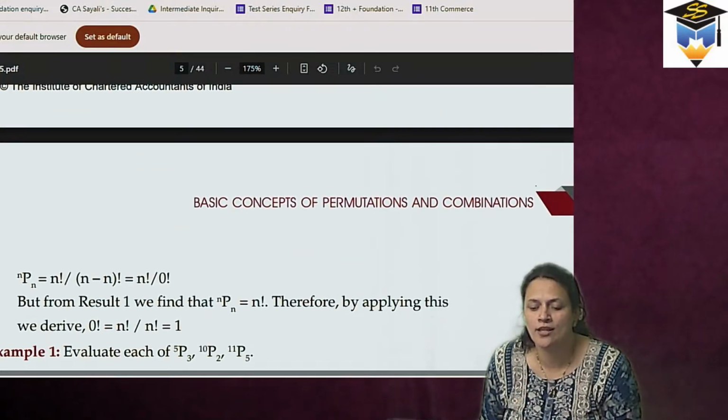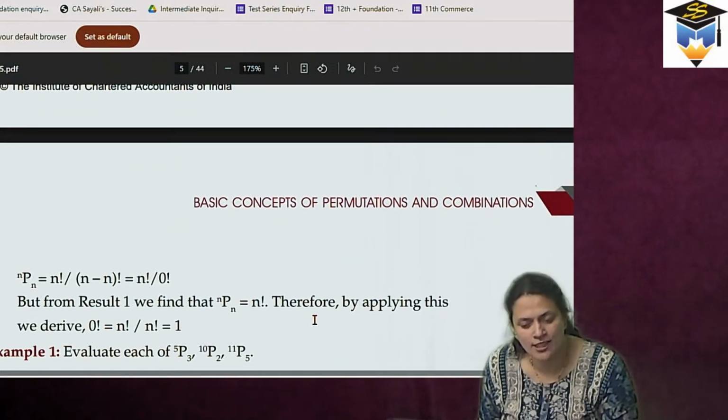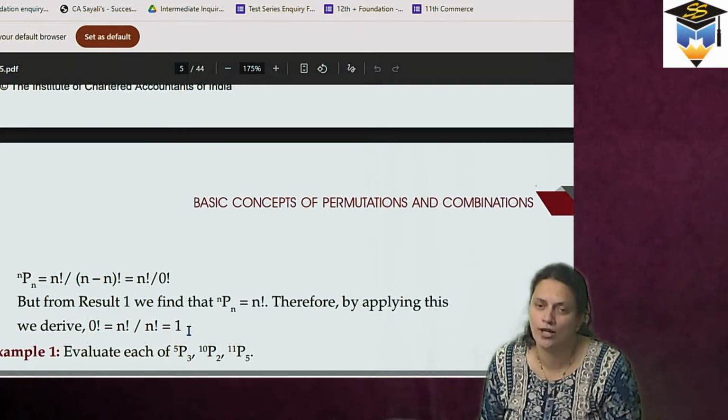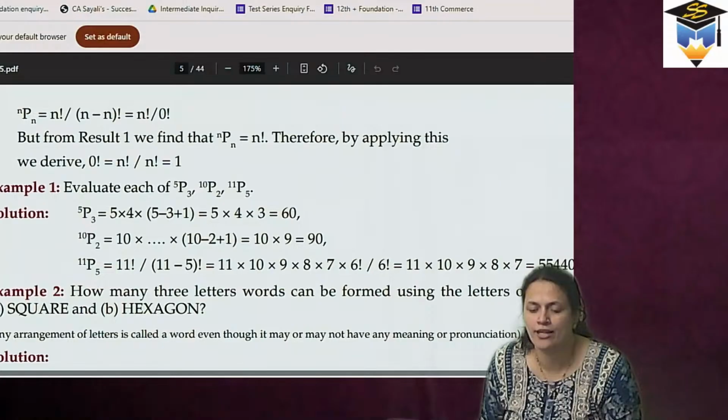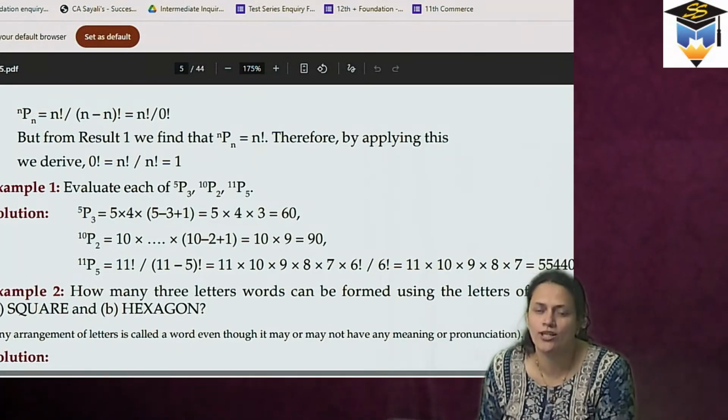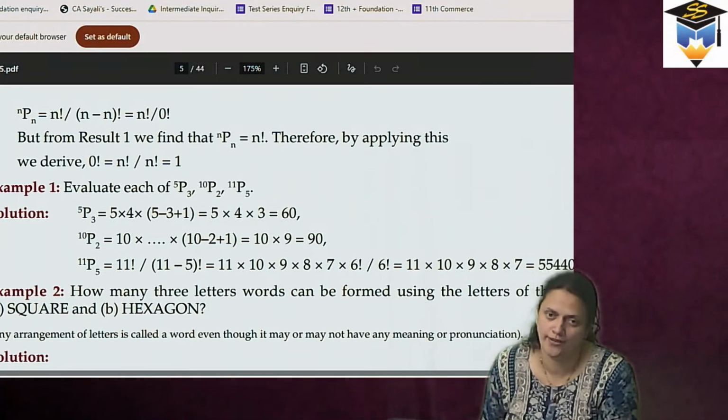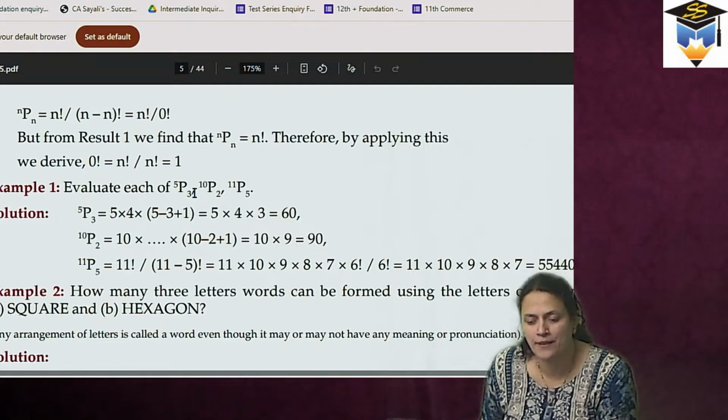Now let us go to the third one. Third, they have given 0 factorial is nothing but 1, and 1 factorial you already know. What is 1 factorial? 1. Now in example number 1, they have taken, find out the values of 5P3, 10P2 and 11P5.